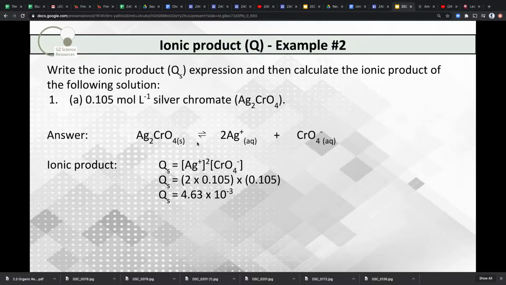Notice the 2-to-1 ratio of silver ions to the compound. That tells me the concentration of silver is twice that of the compound, and of course, I need to square it as well. So I multiply the concentration of silver chromate by 2. For chromate ions, it's a 1-to-1 ratio, so I plug that number in directly, and I get my Qs value.